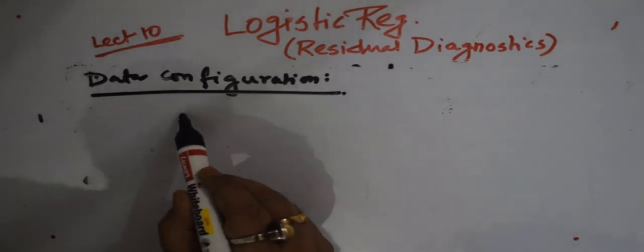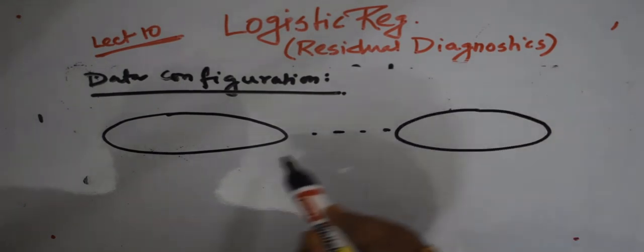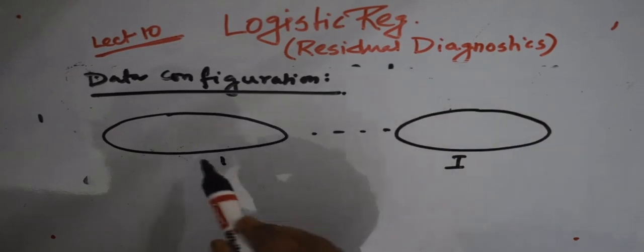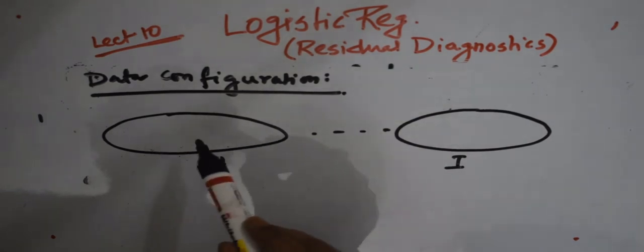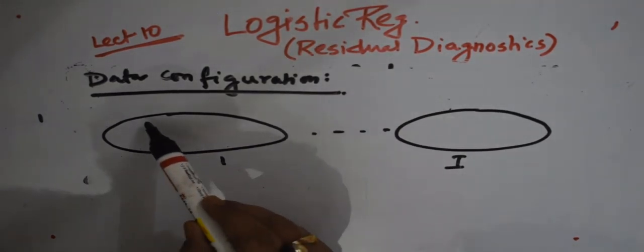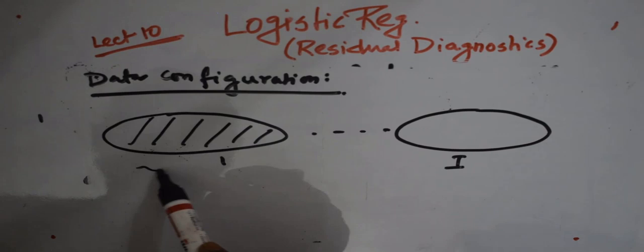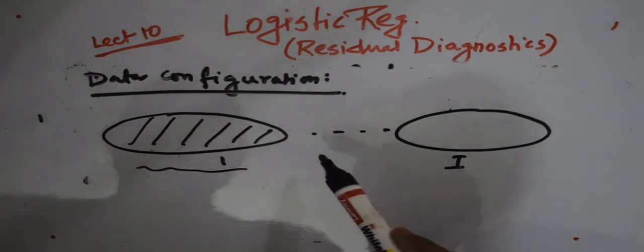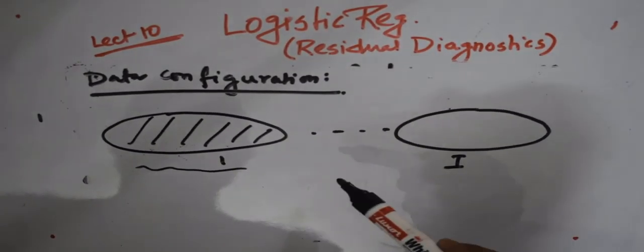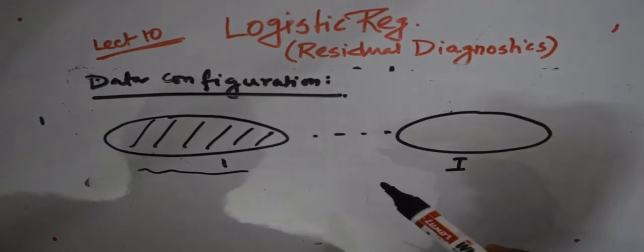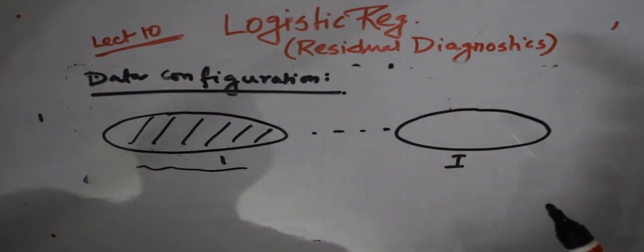That means, suppose we have capital I groups, and these groups are formed using the fact that for the first group the values of explanatory variables are the same, and for the second group the values of explanatory variables take another unique value. Similarly for the I-th group.